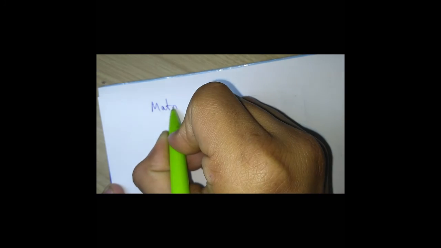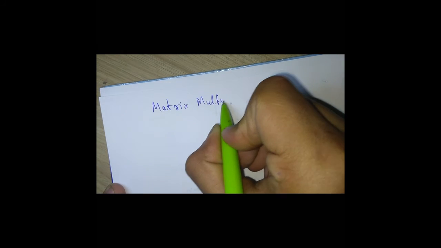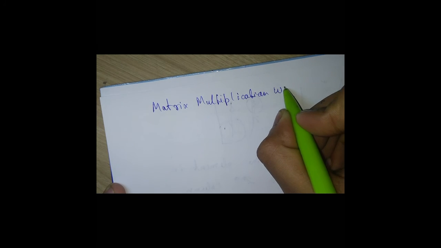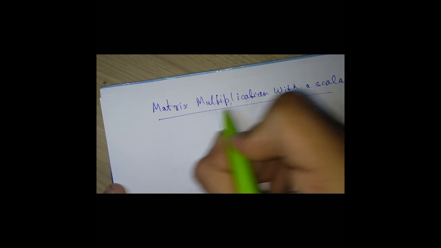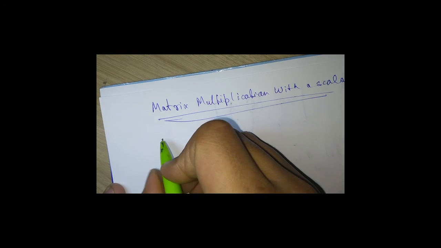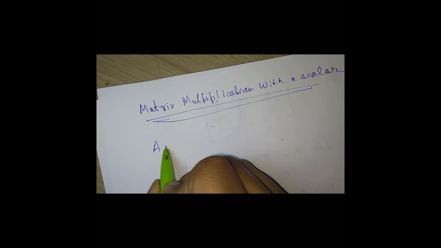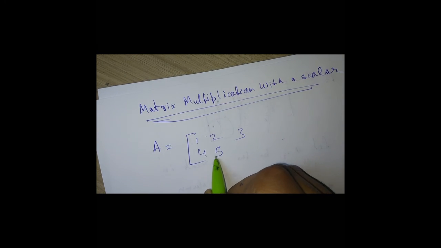Multiplication of matrix with a scalar. Consider a random matrix A with elements 1, 2, 3, 4, 5, and 6.